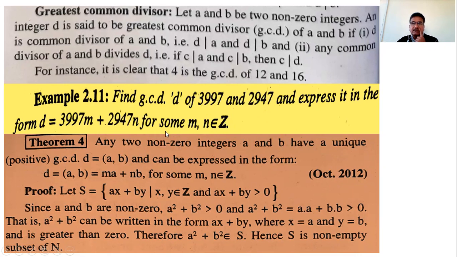So the greatest common divisor of any two non-zero integers is unique, there is only one answer. This is the first part of the theorem. The second part is that the greatest common divisor d of these two numbers is expressed in the form a into m plus b into n for some m and n belonging to Z, or use the letters x and y instead of m and n.